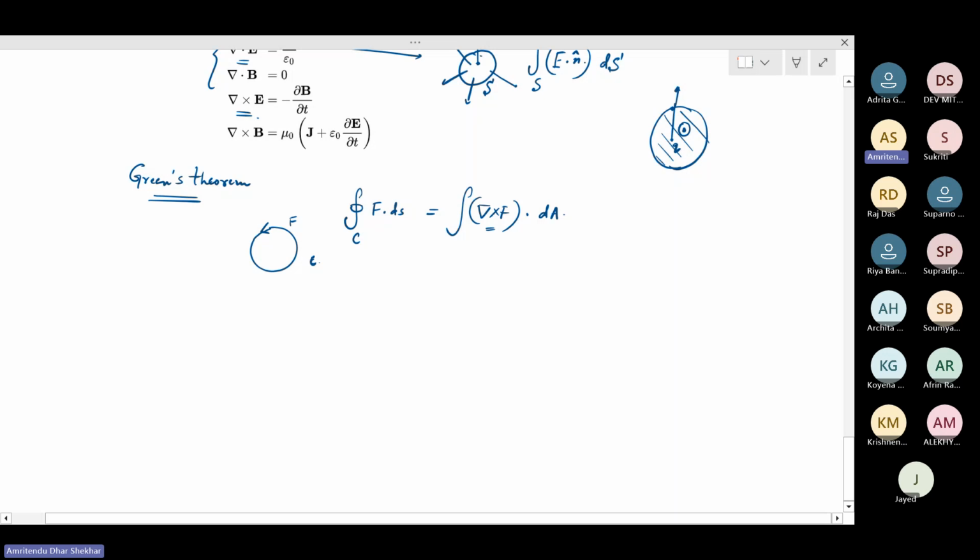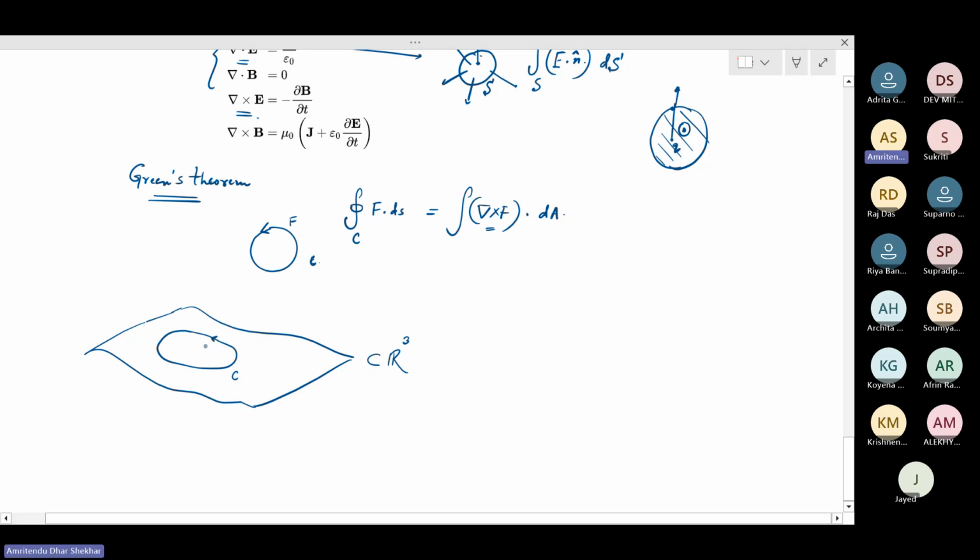Assume this was not R2. Assume you had a surface. Okay, let's say you have a surface which is sitting in R3, and you have, let's say, a closed curve, which is C, and you have this force field as usual.